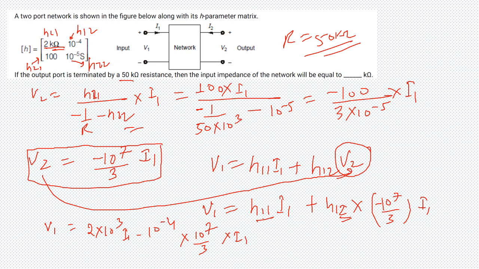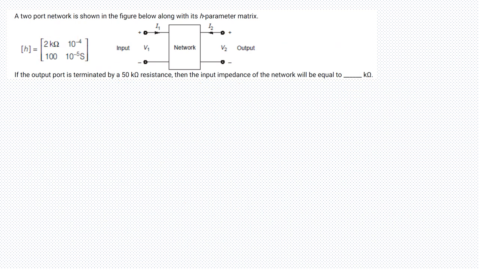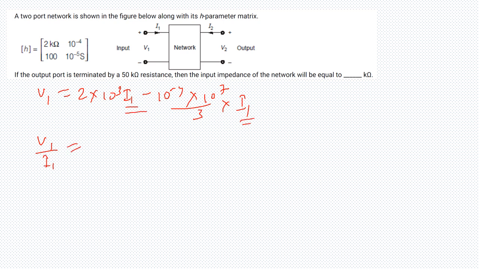This is your V1 and I1 equation. Let me write it again for you. V1 is equal to 2 into 10 power 3 I1 minus 10 power minus 4 into 10 power 7 by 3 into I1. Now you can see that since I1 is common in both, the V1 by I1 ratio can be calculated.